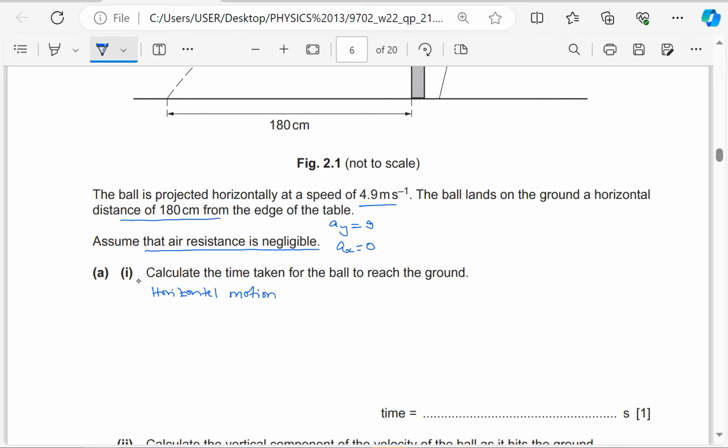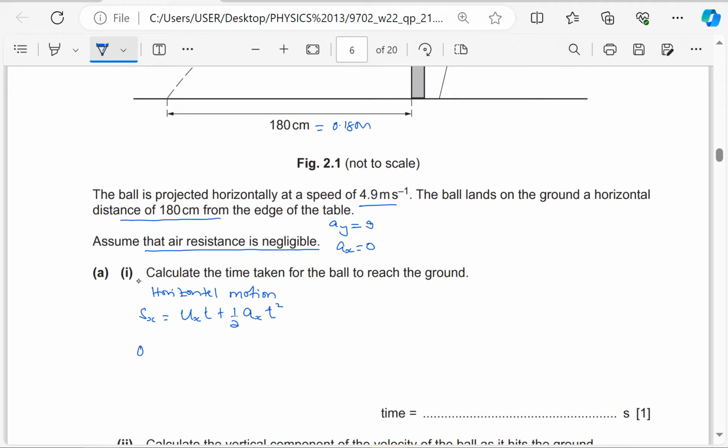If I consider horizontal motion, I'm going to use S in the horizontal equals to initial velocity in the horizontal times t plus a half acceleration in the horizontal times t squared. When I put a subscript x, that means in the horizontal. So in the horizontal, we have 180 centimeters. I think 180 centimeters is 0.18 meters.